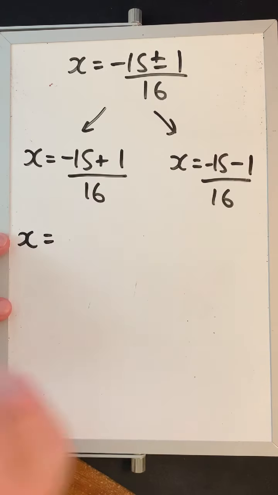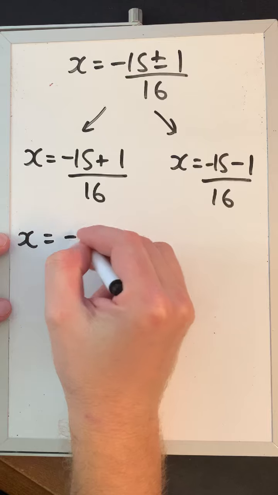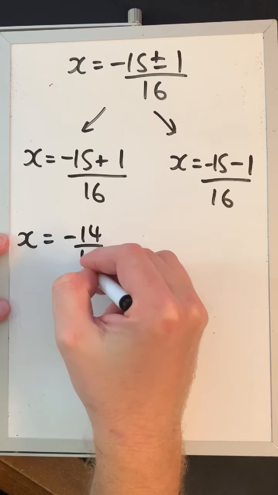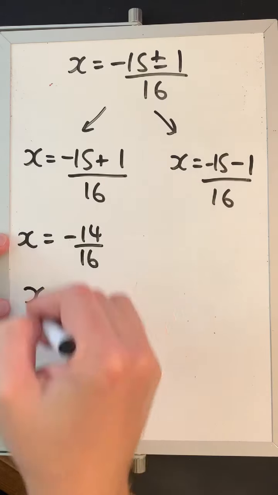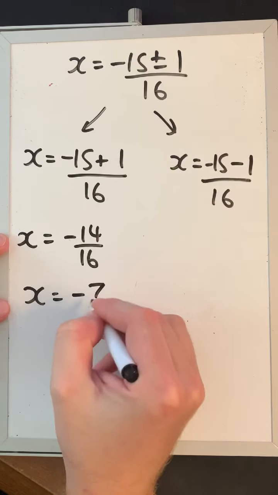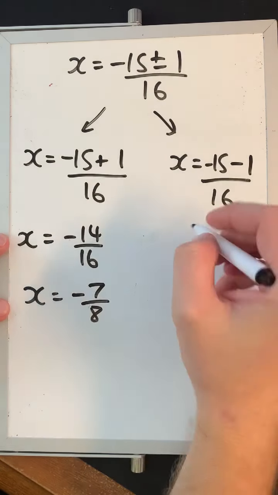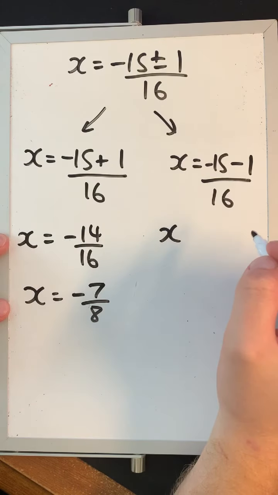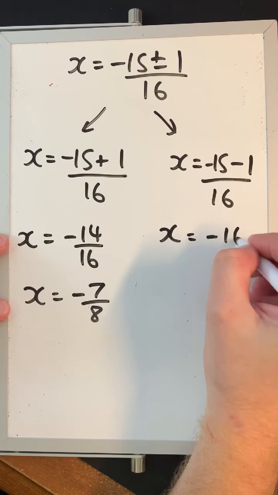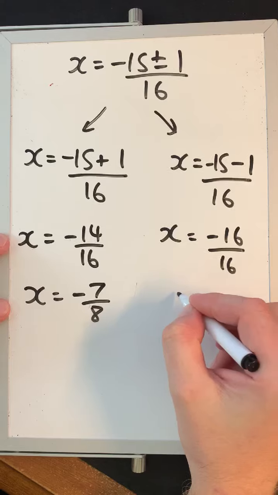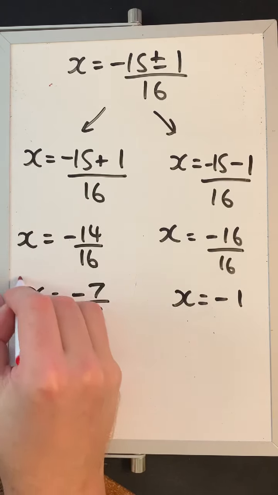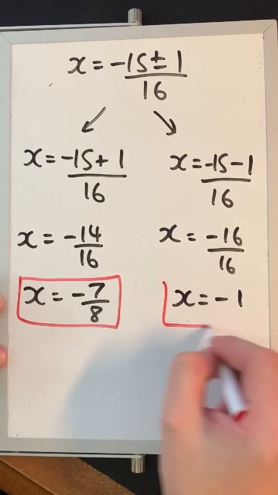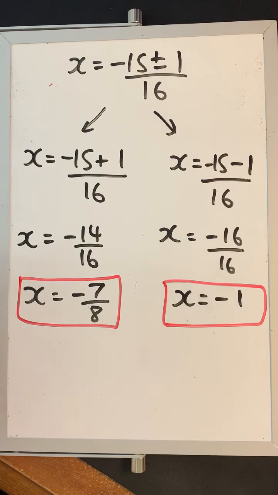We've got x equals minus 14 over 16, which, if we cancel it down a little bit, will give us minus 7 over 8. And on the right we've got minus 16 over 16, which gives us x equals minus 1. Okay, so these are the two roots to the equation.